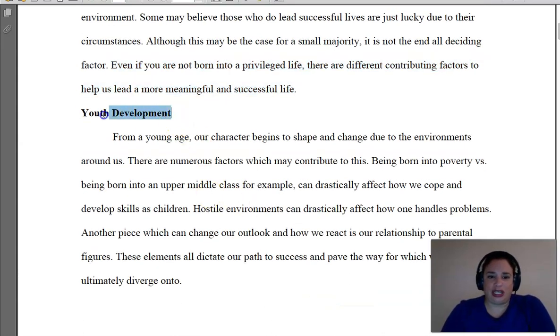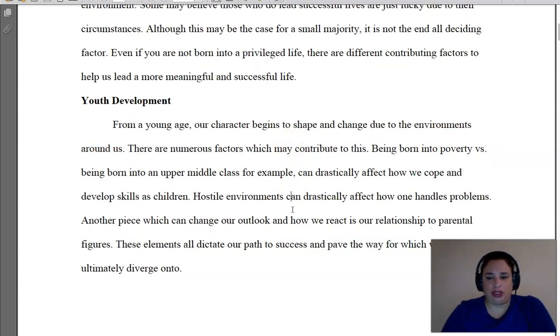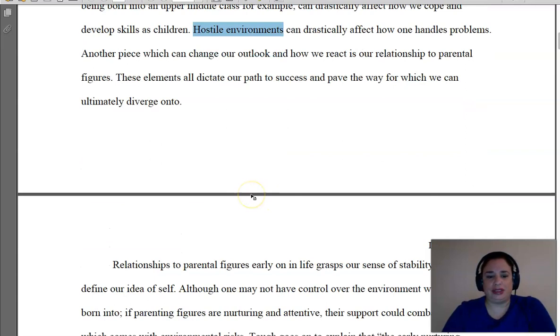So you can actually do a header, and whereas before this would just be one paragraph, she now has a whole section on this is a factor about environment. And she has multiple paragraphs about how different environments shape us. So it says, from a young age, our character begins to shape and change due to environments around us. So this one looks like it's about hostile environments.